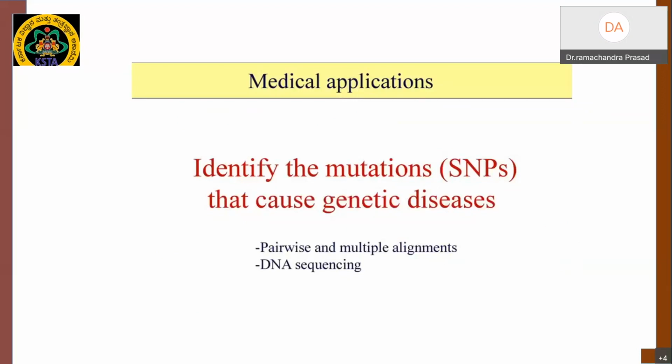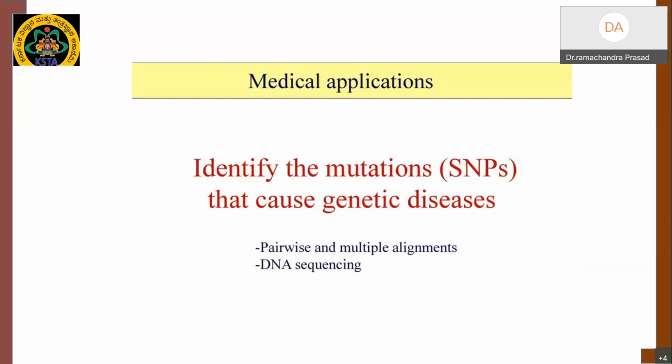In the human genome, at every 1,000 nucleotides, there is one SNP. So SNP means single nucleotide polymorphism, and these SNPs are associated with certain genetic diseases.